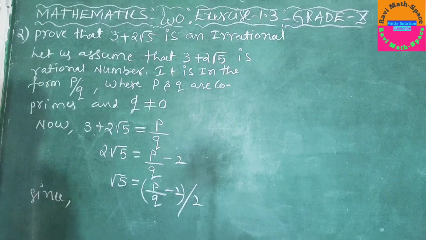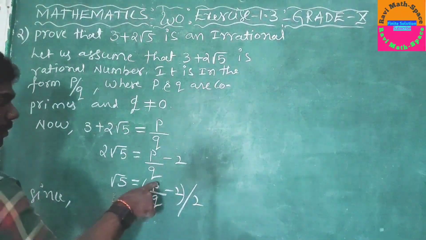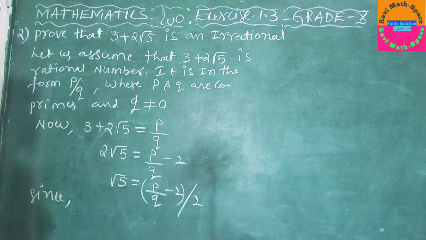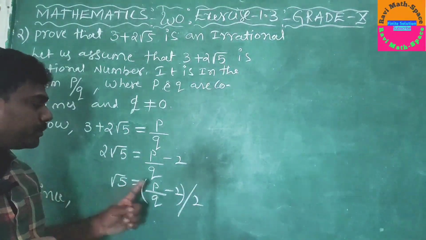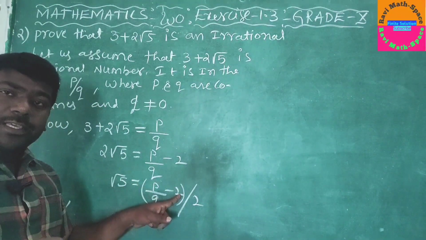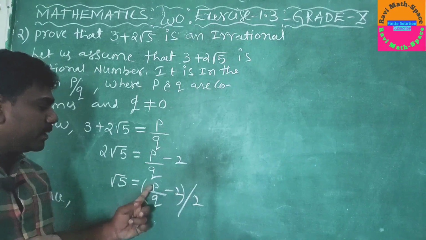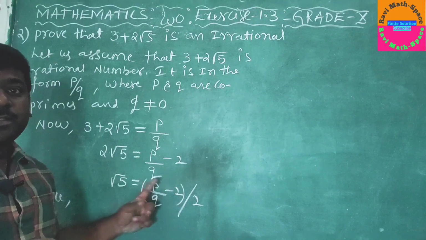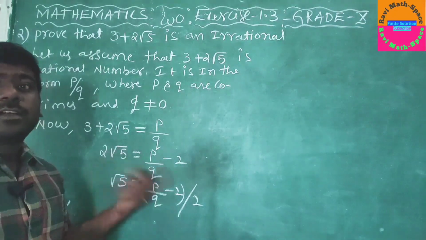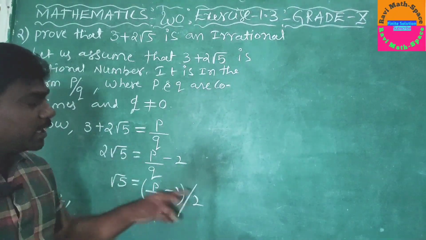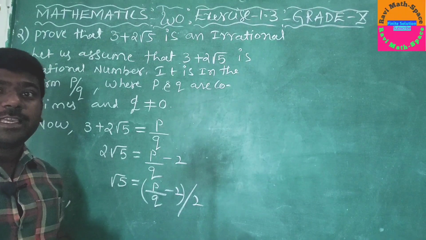Since we already know p by q is a rational number, and this 3 is also a rational number, the subtraction, the difference, is also a rational number, and division is also a rational number. Understanding here?